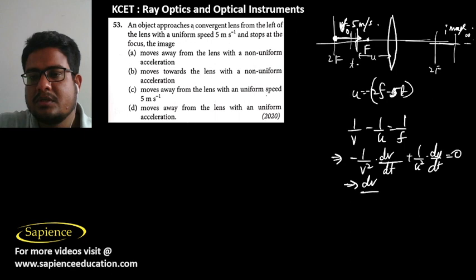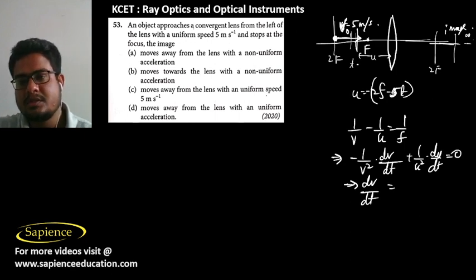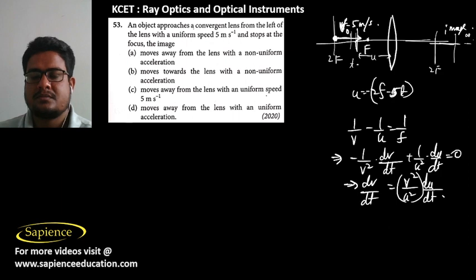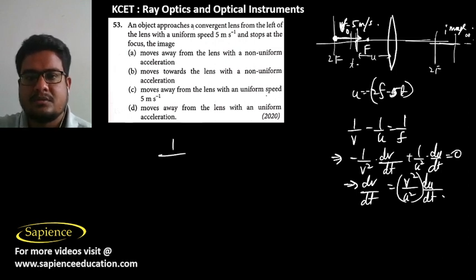Therefore dv by dt will be equal to v square by u square into du by dt, where v by u is a function of t, that is, 1 by the quantity 2f minus 5t.